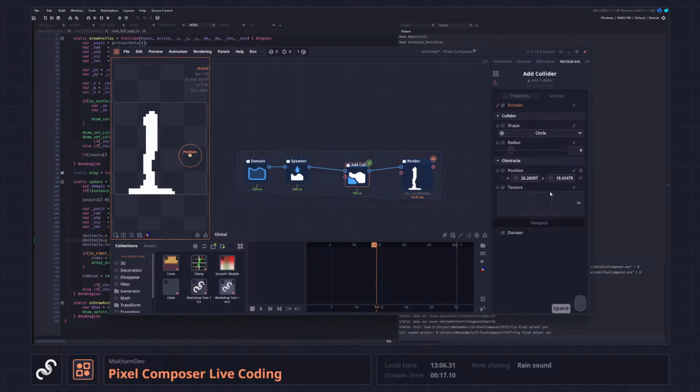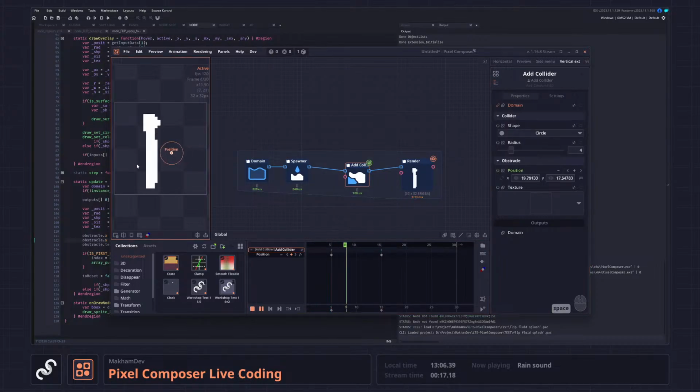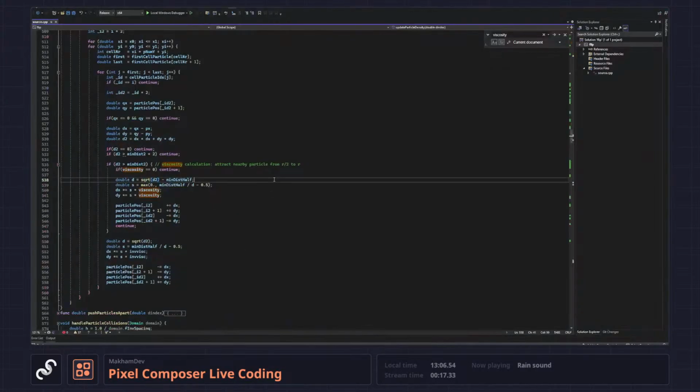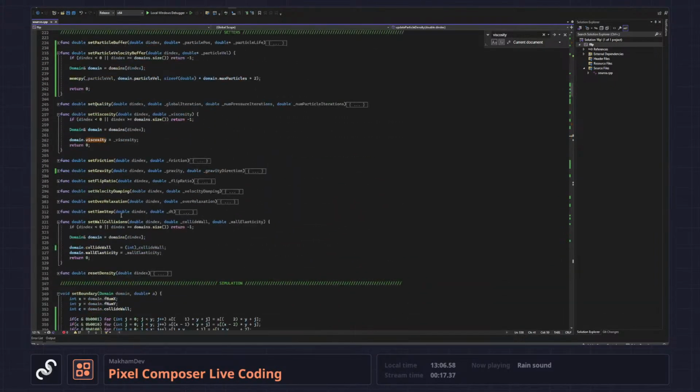But then if we have the collider move, that's okay. Let's take a look at the fluid simulation part.